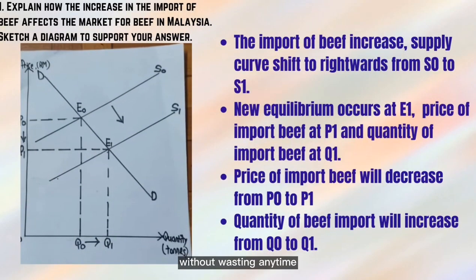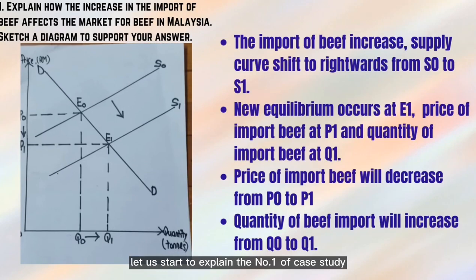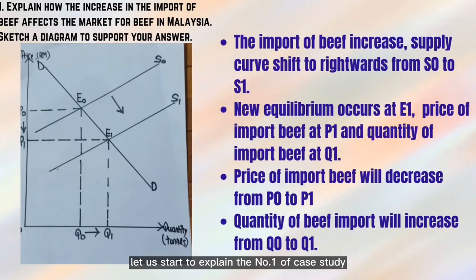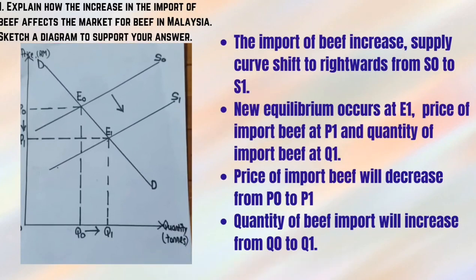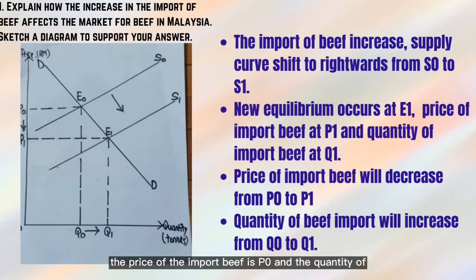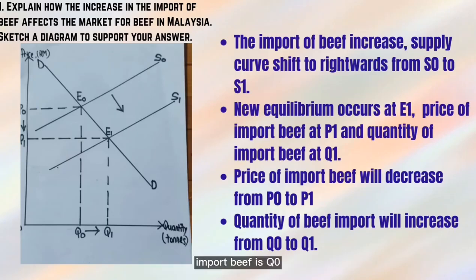Without wasting any time, let us start to explain question 1 of the case study. Based on diagram 1, suppose the equilibrium is at E0. The price of the import beef is P0 and the quantity of import beef is Q0.